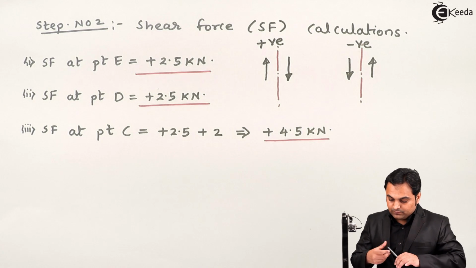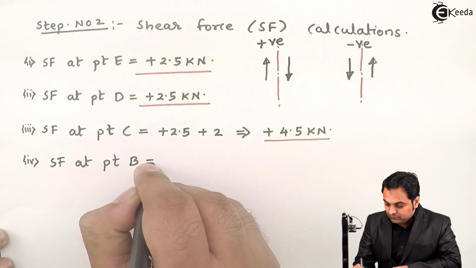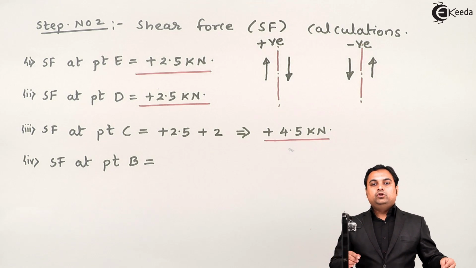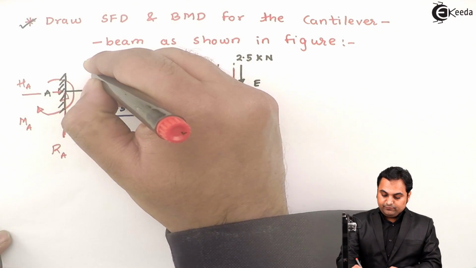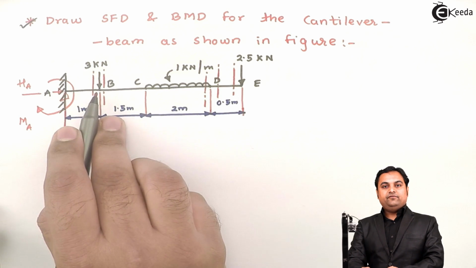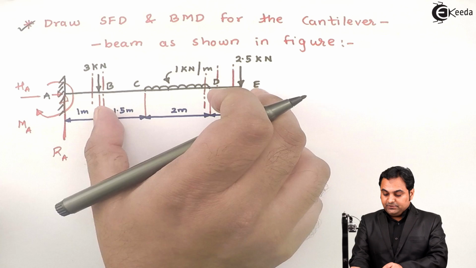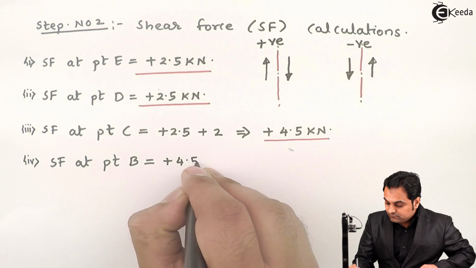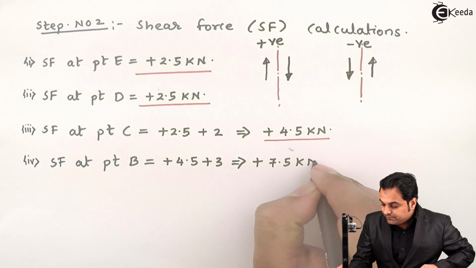So therefore shear force at point B is equal to, now this 4.5 will remain constant up to the right of B. Then if suppose I take the section to the left of B, so on the right hand side we even have this 3 kilonewton force which is acting downward, so that will be up till the right hand side, that is 4.5 plus 3, that is plus 7.5 kilonewton.